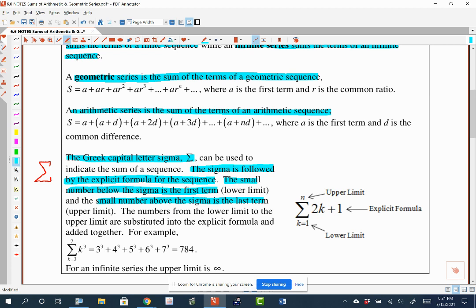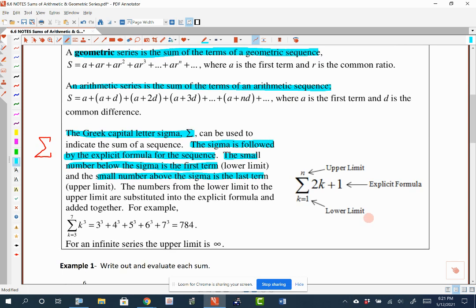So let's look at an example of our summation. Here we have our sigma notation, and we're supposed to be going from k equals 3 to 7. We see our explicit formula is k cubed. So we're going to be replacing k with values from our lower limit to our upper limit. I'm going to start with 3 because that's my smallest, so I'm replacing my k with 3 cubed.